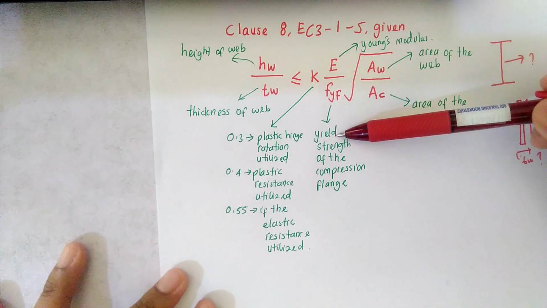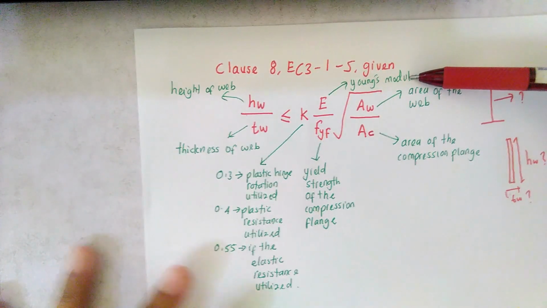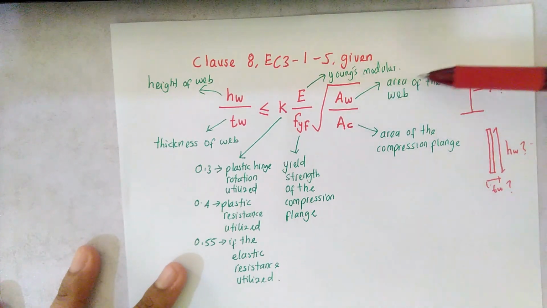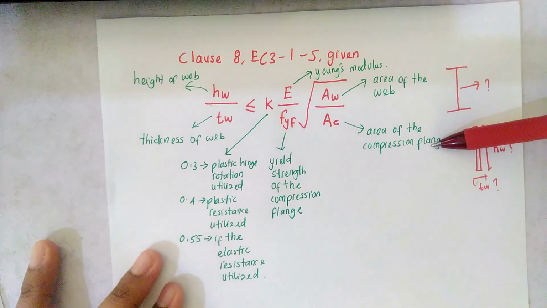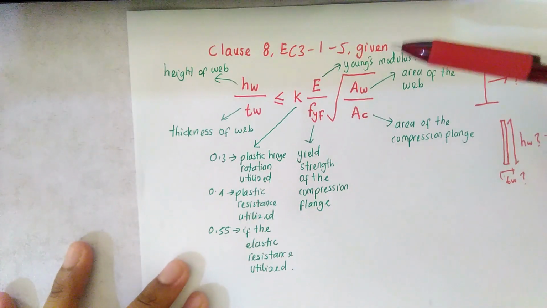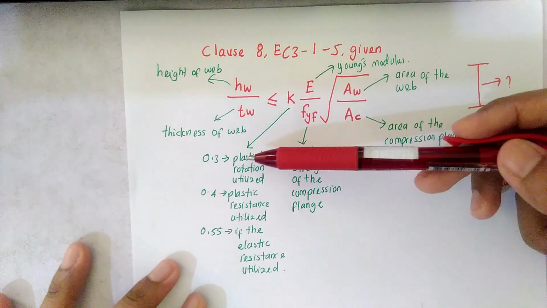FYF is the yield strength of the compression flange, E is your Young's modulus, AW is the area of the web, and AC is the area of the compression flange.